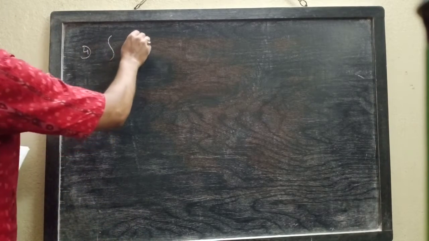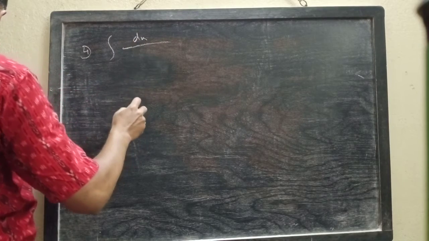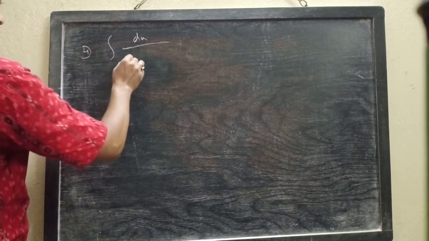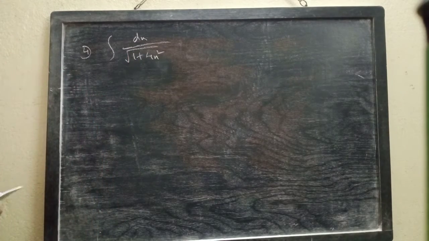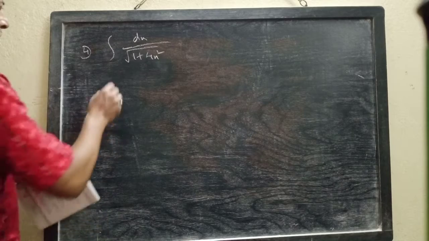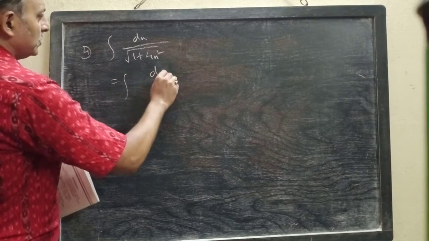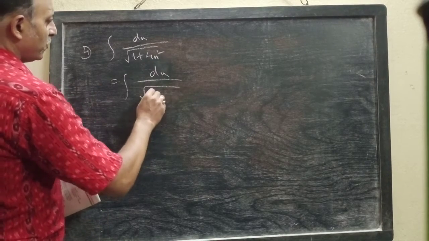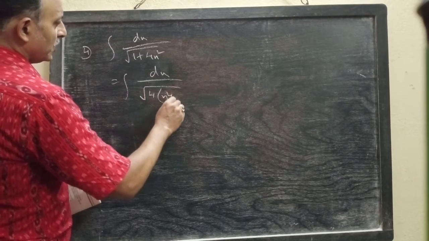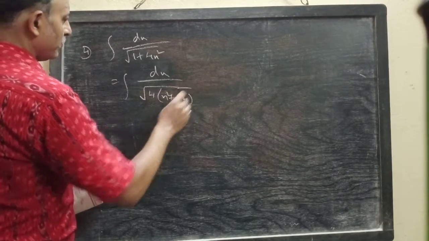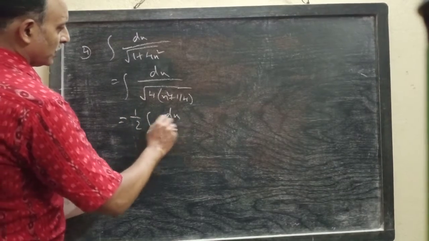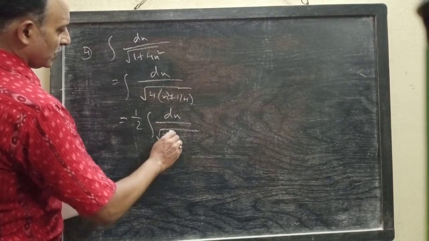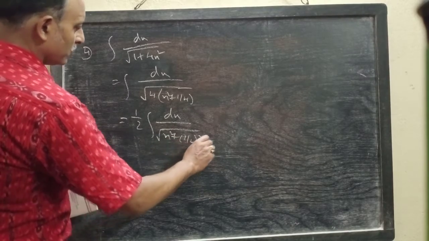Number 4. Integration dx by under root 1 plus 4x square. Let us take 4 common. So you get x square plus 1 by 4. Then you get half dx by under root x square plus half whole square.